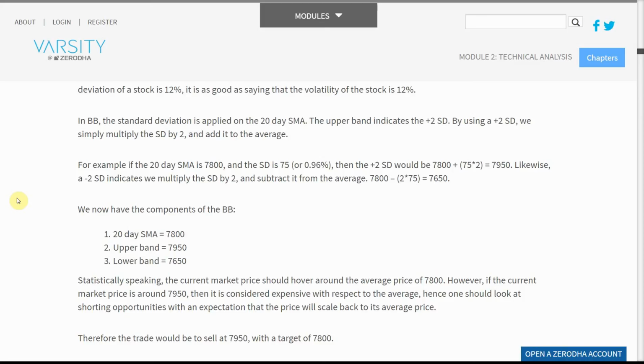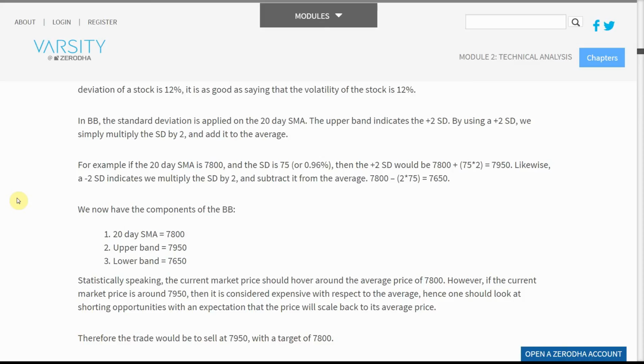We now have the components of the BB. 20-day SMA equals 7,800. Upper band equals 7,950. Lower band equals 7,650. Statistically speaking, the current market price should hover around the average price of 7,800.